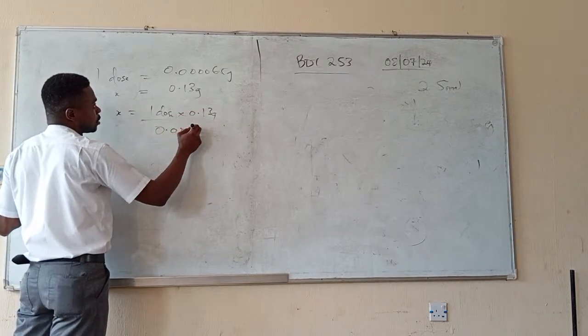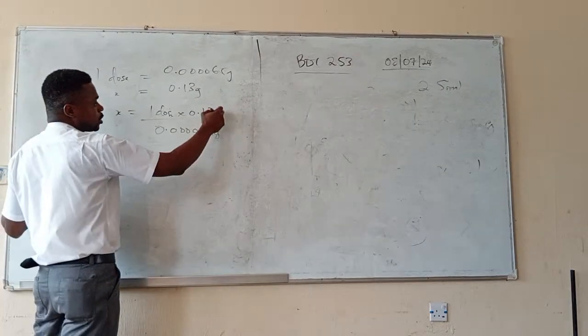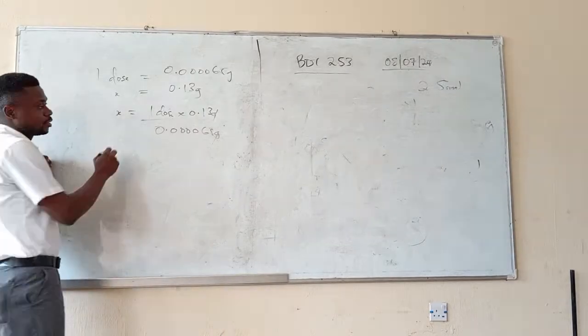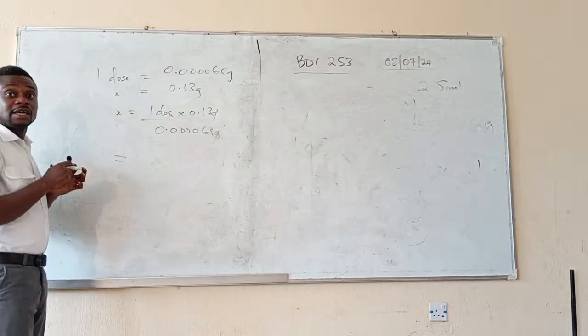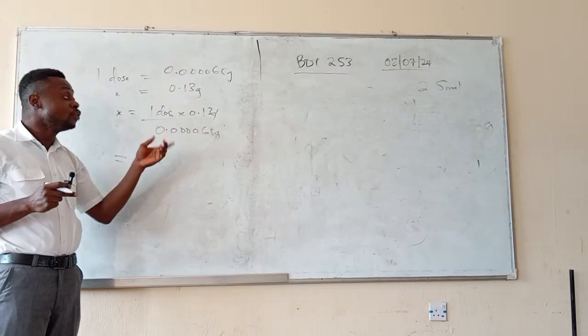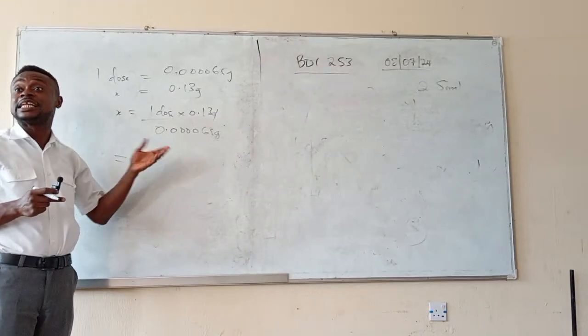Gram will cancel gram. So we are dividing this by this, right? Good. I just got something from ratio and proportion. Even though you don't mention it, that's what you will do here by saying 0.13 divided by 0.00065. Ratio is fractions, right?